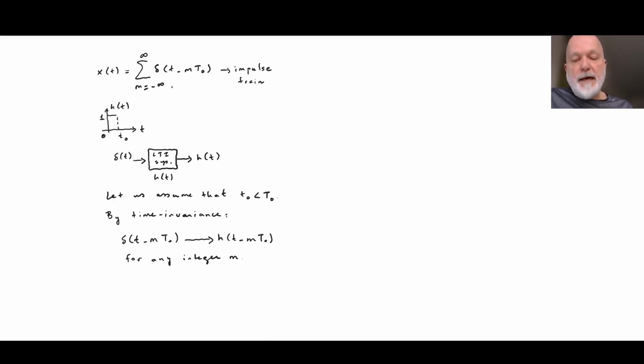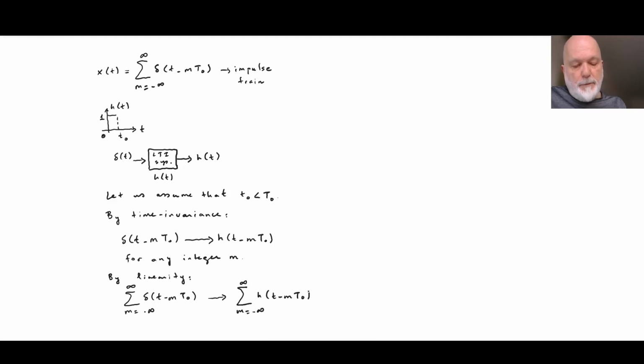Now, in x of t, we have these terms as individual terms. Now, we have the superposition of these terms, so by linearity, the superposition of these impulses applied as the input signal will give us, by the system action, the output: the sum over m from minus infinity to plus infinity of h of t minus m t0.